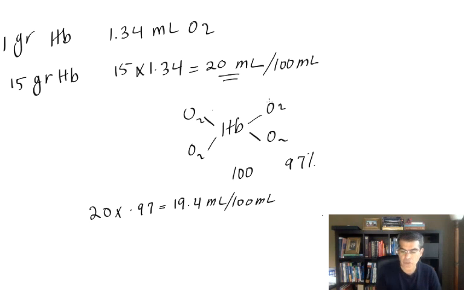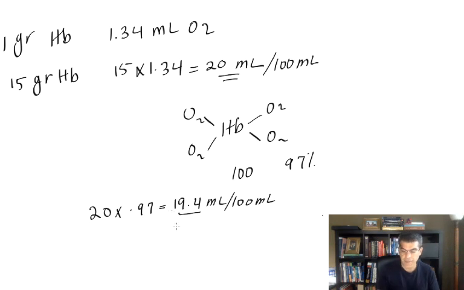If I put oxygen in every seat of hemoglobin, I can carry 20 ml of oxygen, but it is not 100% occupied. Only 97 seats can be taken, not 100. So my total capacity of carrying oxygen is not 20 ml, it's 20 ml times 97%: 19.4 ml of oxygen for every 100 ml of the blood, not 20.